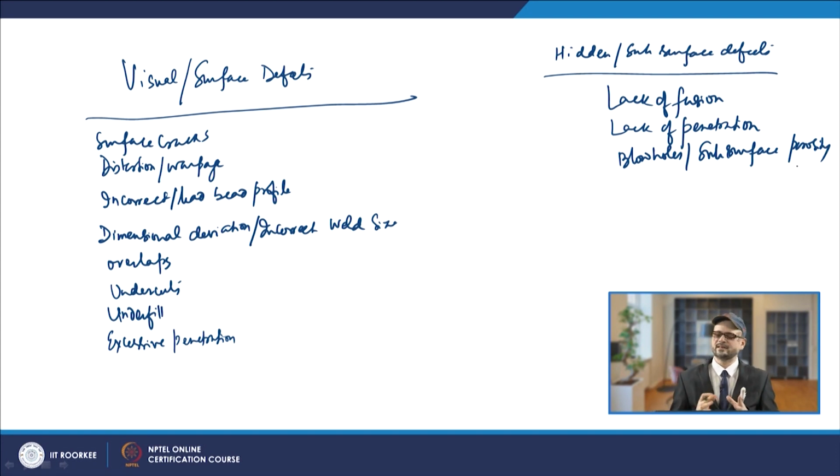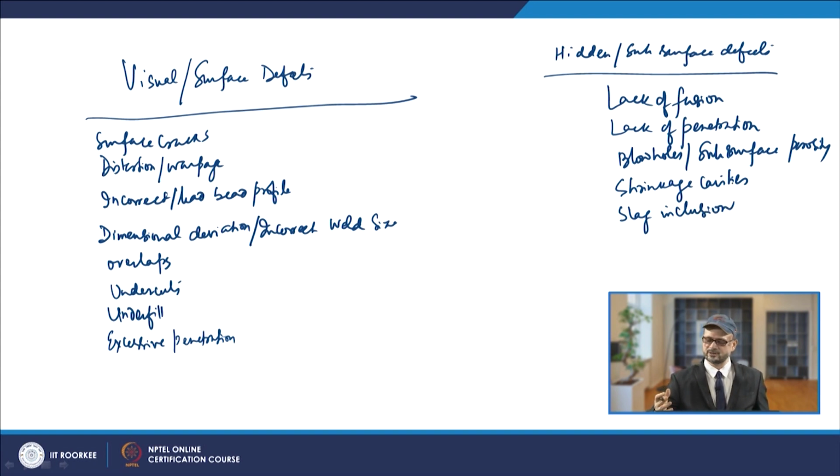Basically, these give you problems, and you need another means to see them. So, that is hidden. Then you have shrinkage cavities, which again you have to find using special means. You have slag inclusion, which is also among the hidden or subsurface defects.